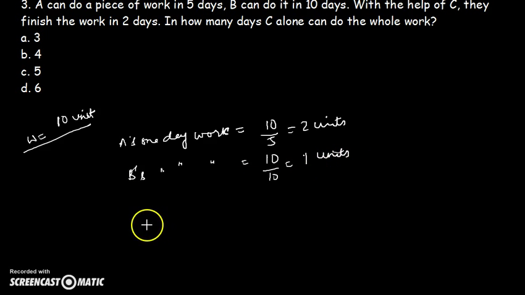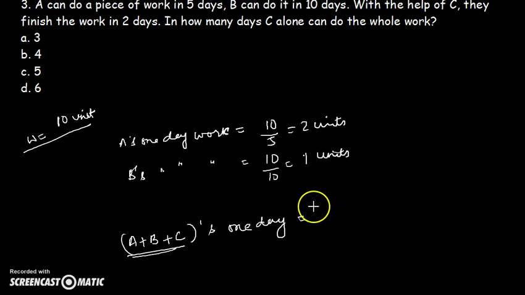Okay, now we know that when they are working together, they take 2 days to finish. That means A plus B plus C can finish how much in 1 day? 10 upon 2, which is 5 units.